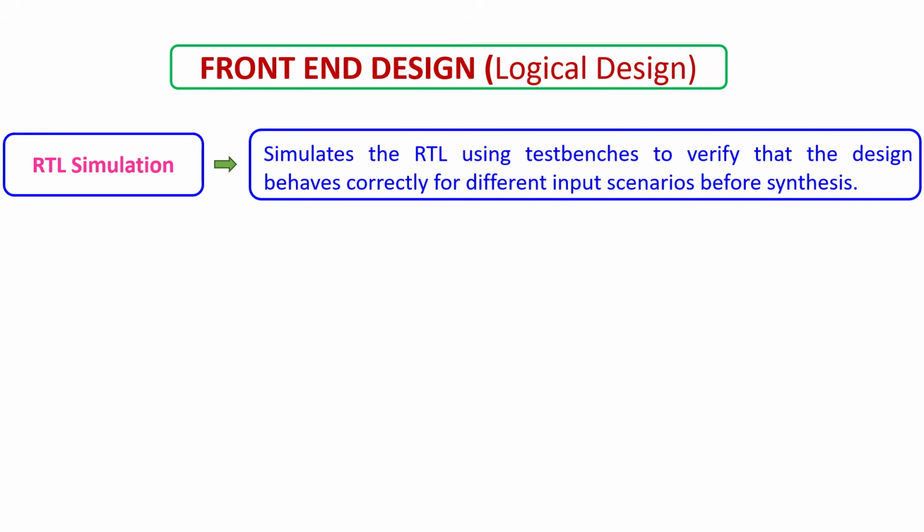RTL simulation is the stage where we simulate the RTL using test benches to verify that the design behaves correctly for different input scenarios before synthesis. The goal of this stage is to see if your design logic works as expected. The simulator runs your code and you see the waveform output.